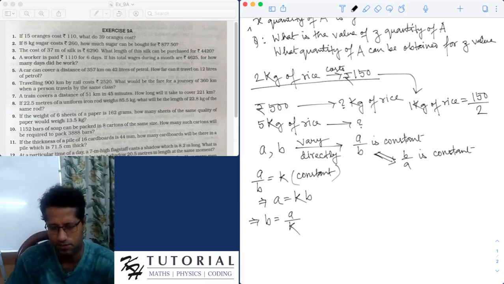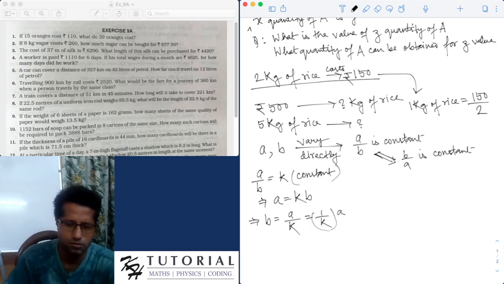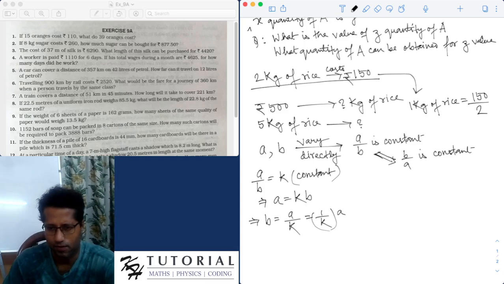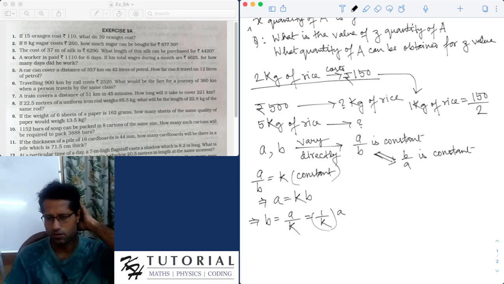Since K is constant, B is 1 by K into A. So if K is constant, then 1 by K is also constant. It is not changing. So if you increase A, B will increase. If you decrease A, B will decrease. So this is the basic concept.